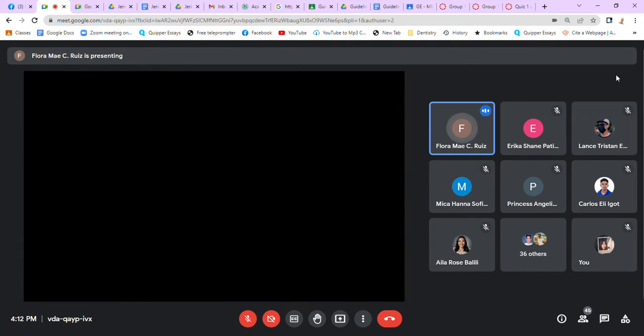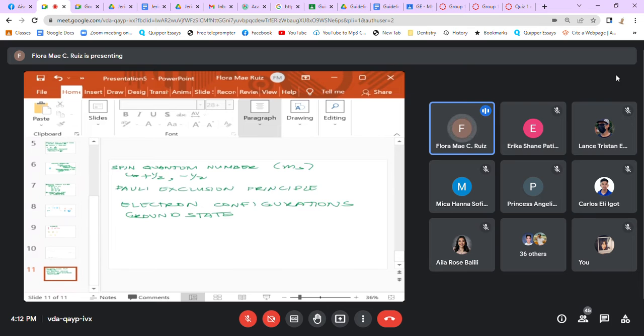Each component consists of, for example, your electron configuration 4p5. The 4 denotes your energy level. The letter p denotes your type of orbital.